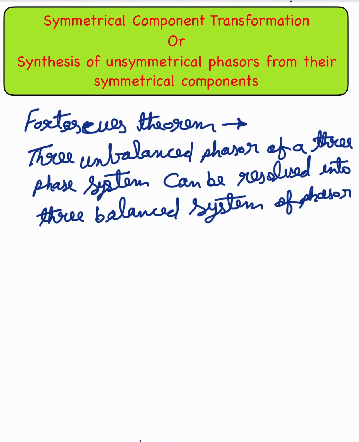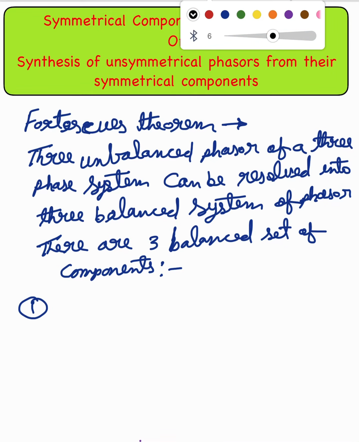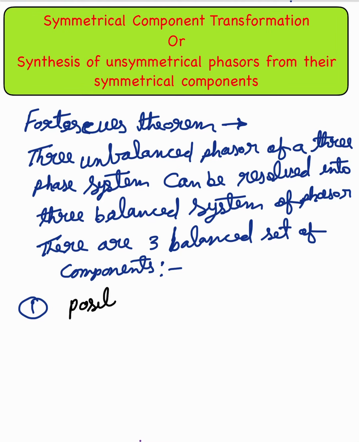So according to it, there are three balanced sets of components. What are they? First is the positive sequence component.